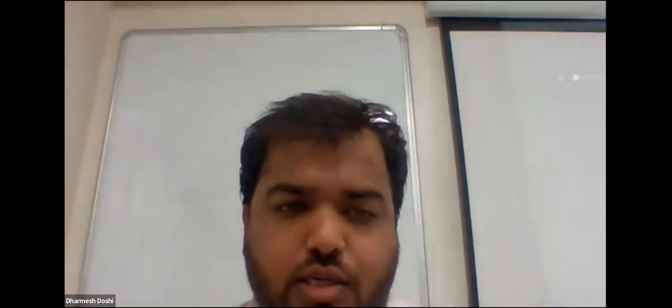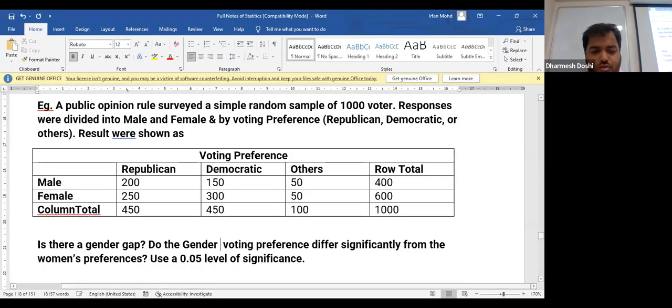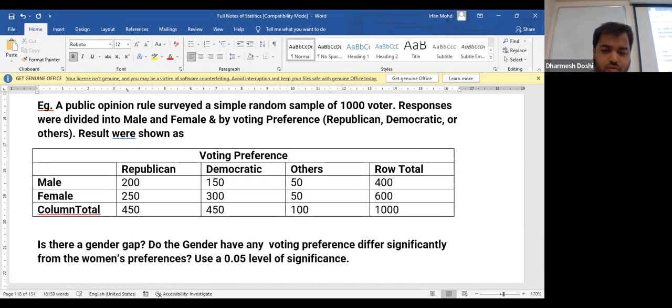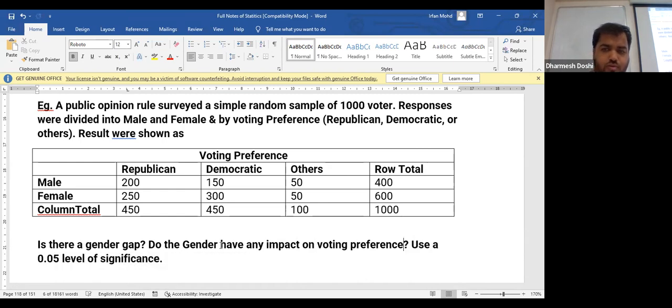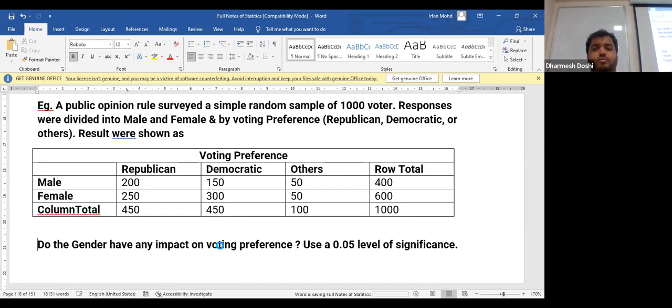Guys, it got disconnected again. Once, let me write. See, here we say gender. Gender means male and female, both will be there.